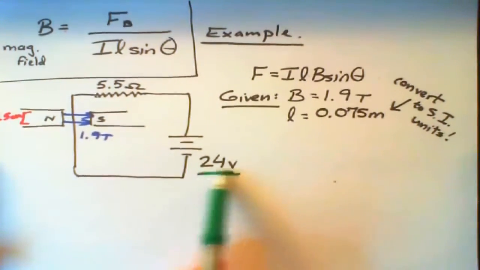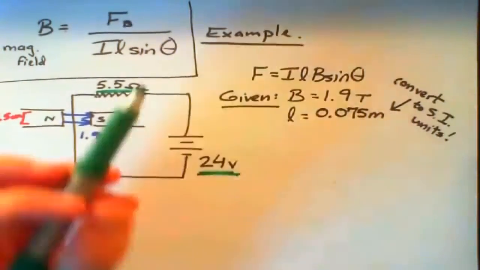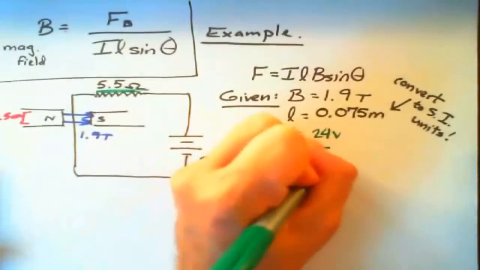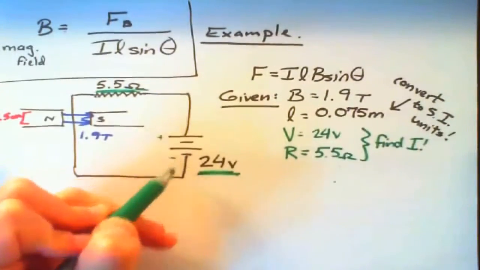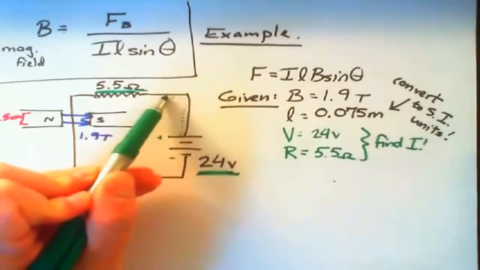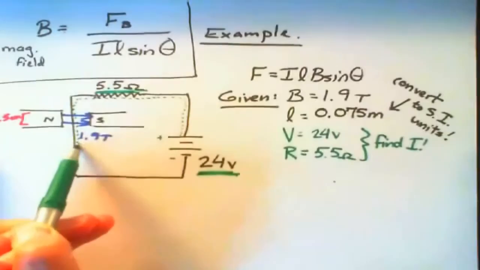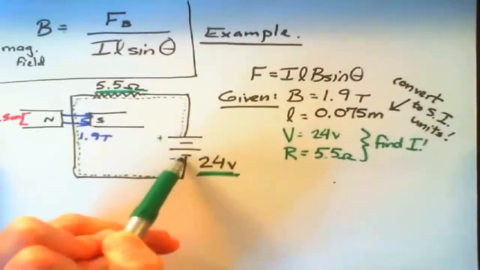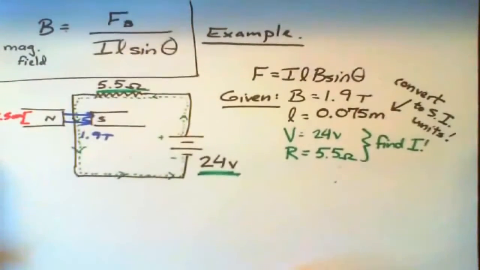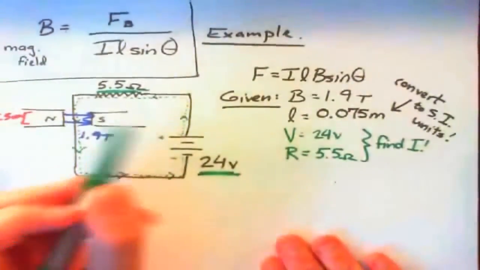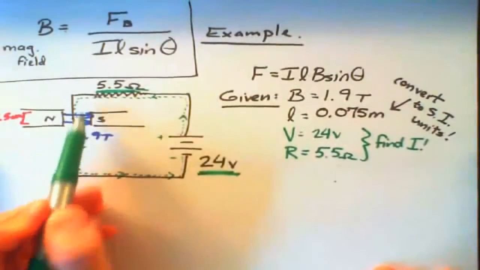We know the resistance in the circuit, so we can use V equals IR to solve for the current magnitude. Now the direction, well, current always flows from the long side of the battery, the positive terminal, to the short side of the battery, the negative terminal. So that means in this diagram, the current and the magnetic field are perpendicular to each other. In other words, theta, the angle between the magnetic field and the current, is 90 degrees.